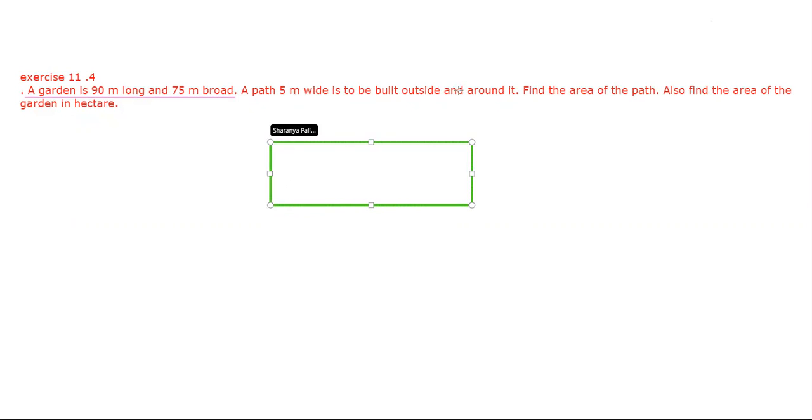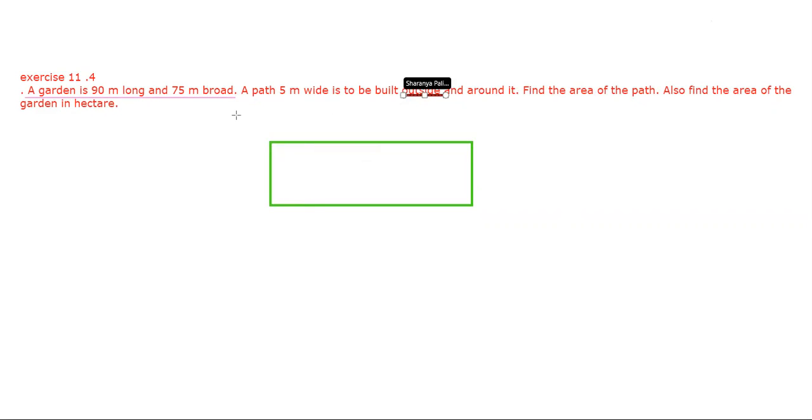Then it is said that it has a path outside it and around it, covering it from outside, and we have to find the area of the path.